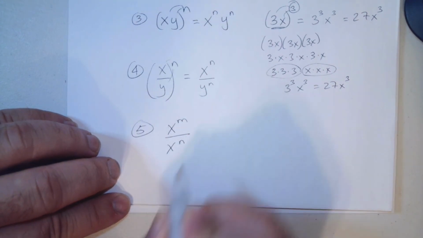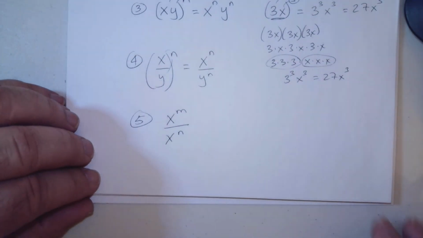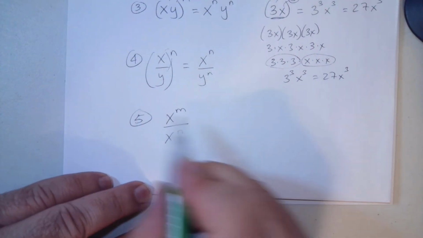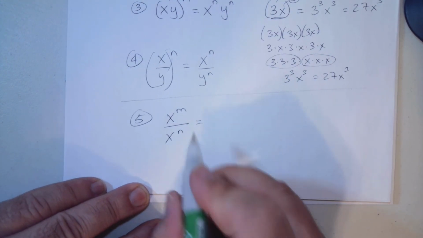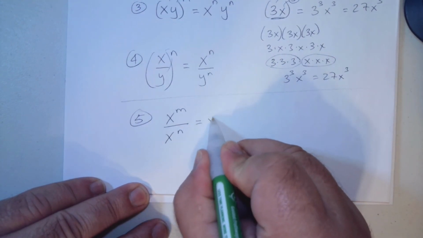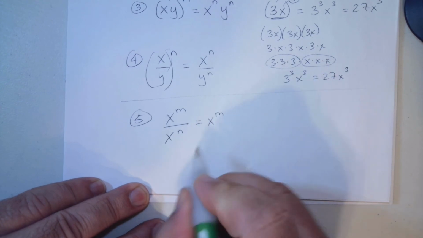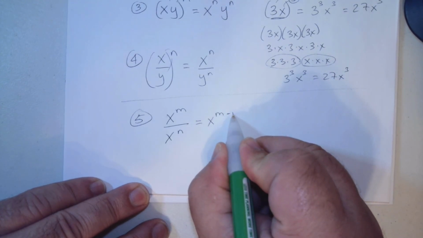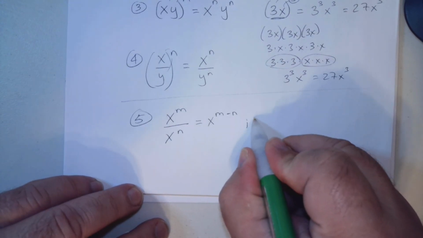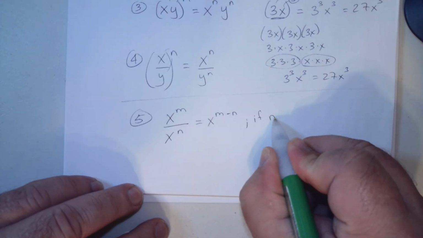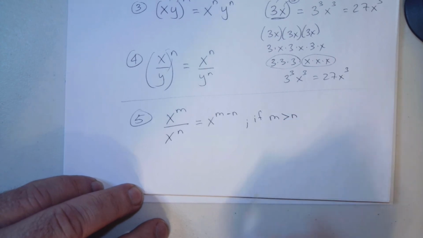Now we have fractions. Whenever you have fractions, take the top exponent minus the bottom. That's, in this case, if m is larger than n.